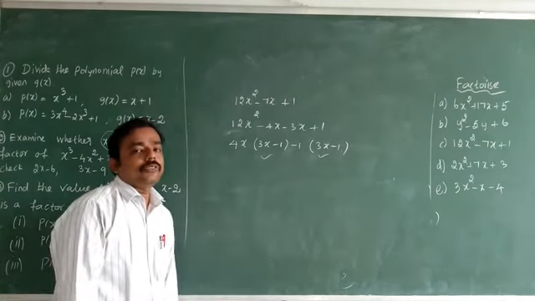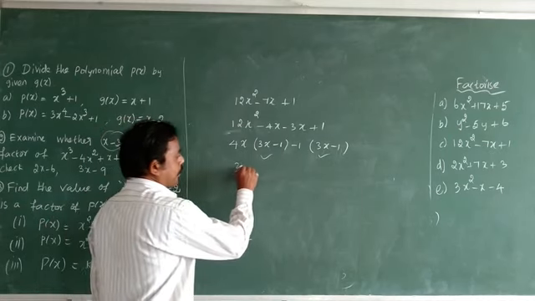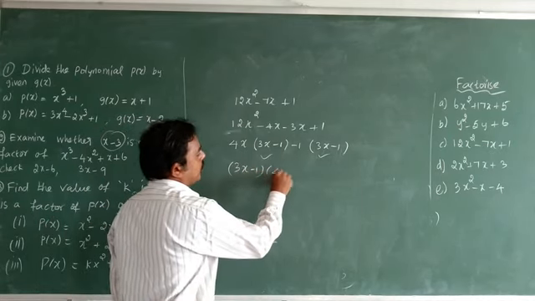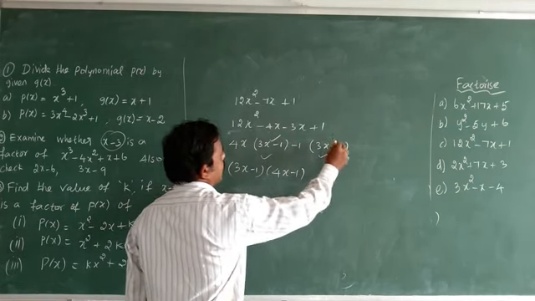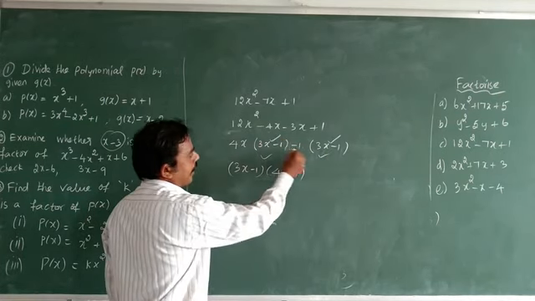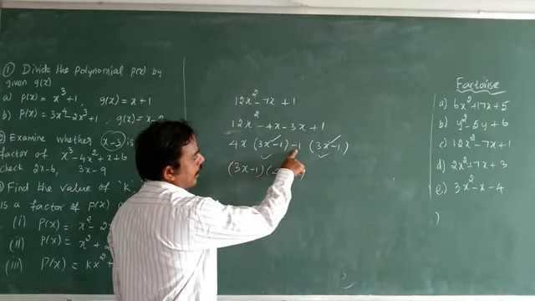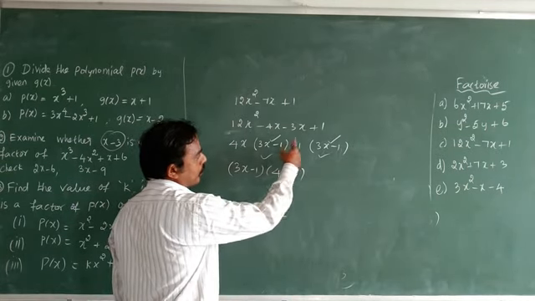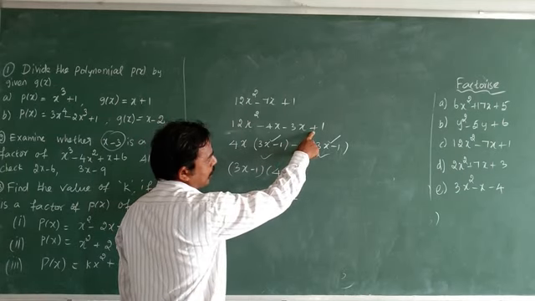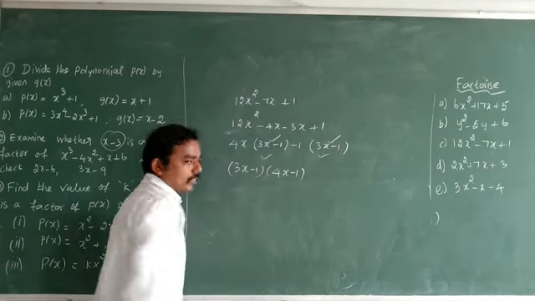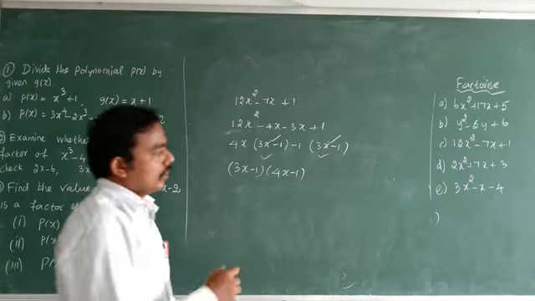So like that we need to check. Right. Now 3x minus 1 into 4x minus 1. You can write 3x minus 1 as a common factor, and the remaining is 4x minus 1 into it. So don't get confused, we need to take minus 1. Here minus into minus is just a minus. Right. Next problem.